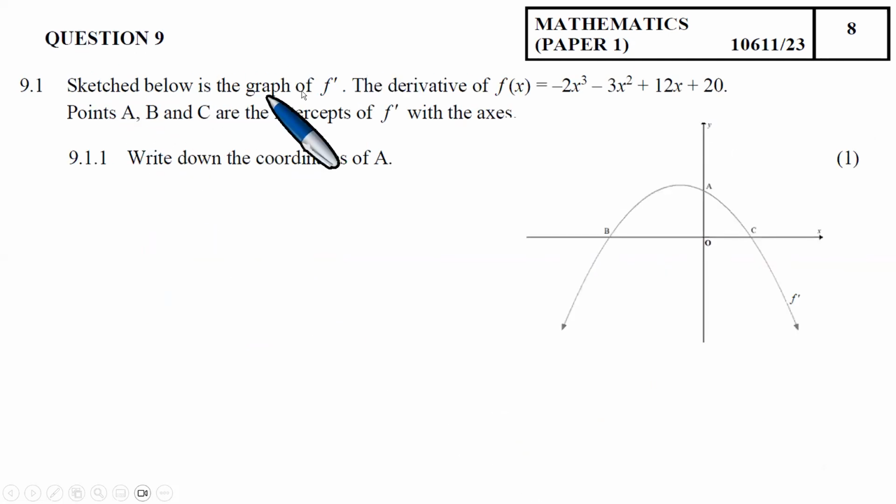This graph here is the graph of f prime, the first derivative. They have this function here and they have differentiated. They found the first derivative, and then they drew the graph of the derivative. Points A, B, and C are the intercepts of f prime with the axes.